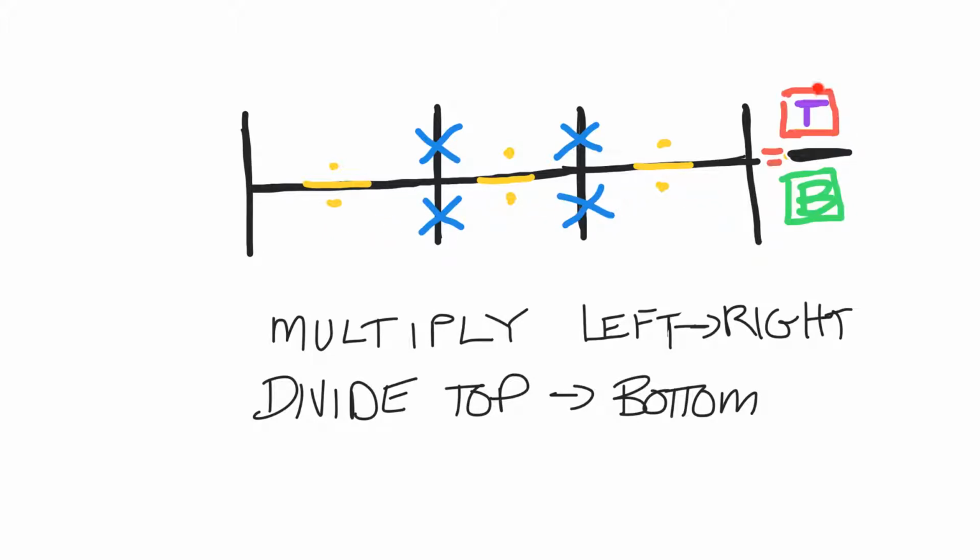So when we get to the end here, we're going to get the top box product divided by the bottom box's product. And that would be your answer. So again, everything gets multiplied on the top together, everything gets multiplied on the bottom together, and then whatever you end up with, the top is divided by the bottom. So that's the process we're going to use, and we'll show you how that works in a minute.